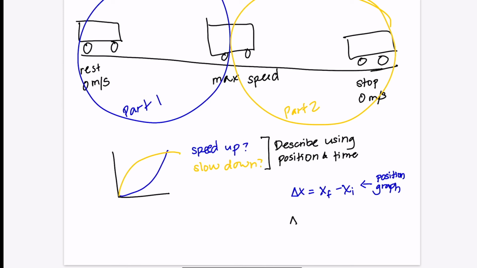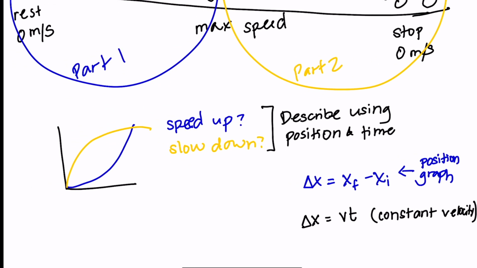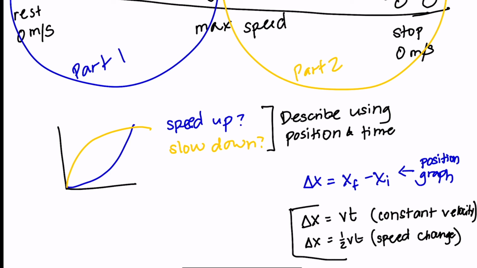Now on a velocity graph, displacement is going to be VT if it's constant velocity, or it can be 1/2 VT if the speed is changing. All right, and then this would be on the velocity graph.